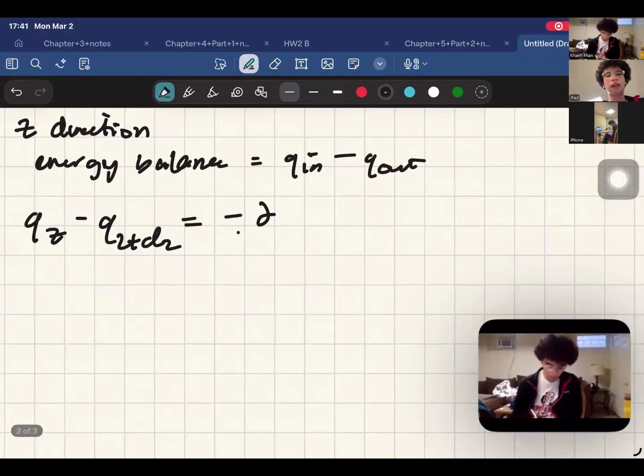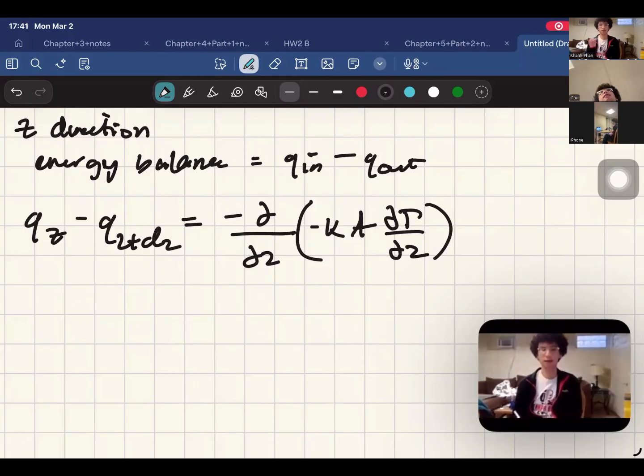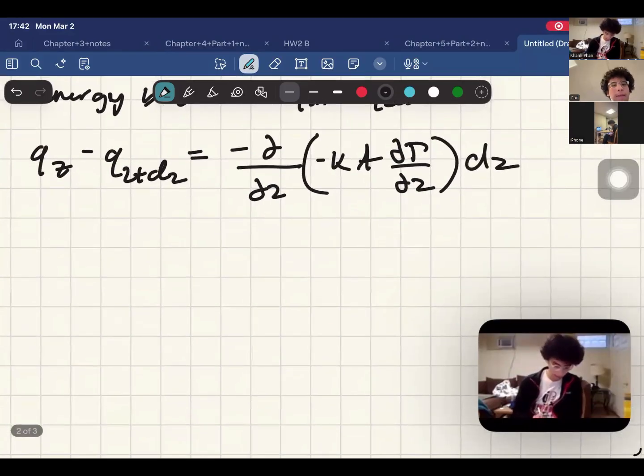It's gonna be equal to the derivative with respect to z of negative k A dT over dz times the distance in z, so just delta z or dz.